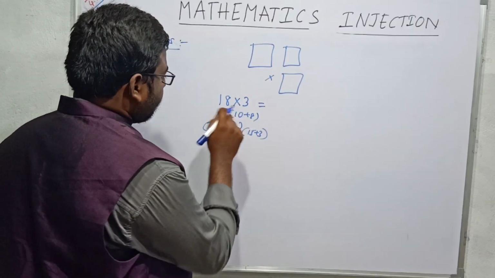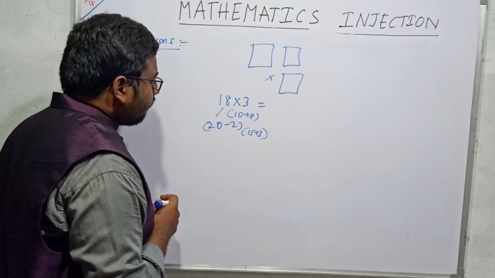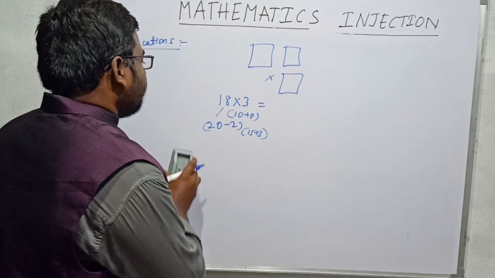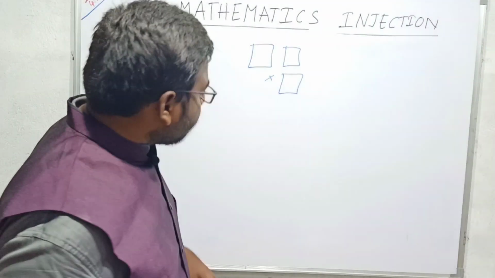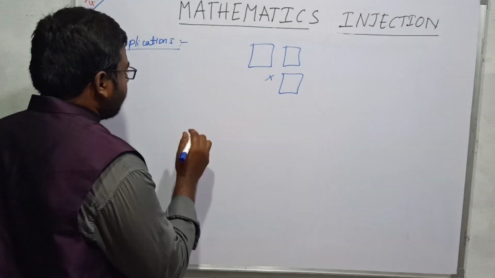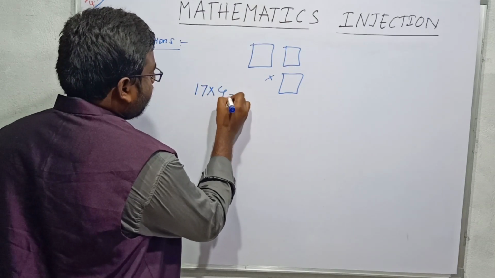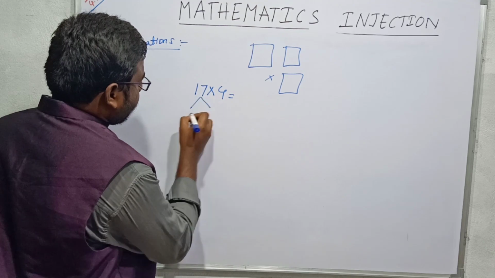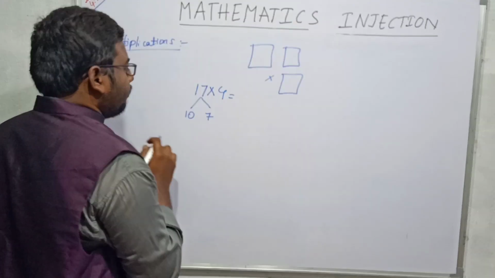If I am comfortable in 10 calculation, I will write 10 plus 8. In all our problems we will try to take 10 as splitting factor because it will be easy for us to calculate.